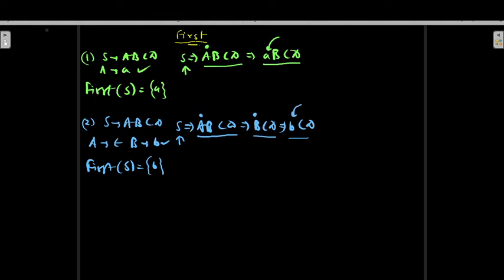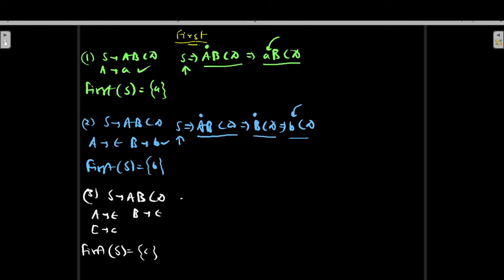Now consider the third example. S produces ABCD, where A produces epsilon, B produces epsilon, but capital C produces small c. In this case, the first of S will be small c. How? Here S produces ABCD.